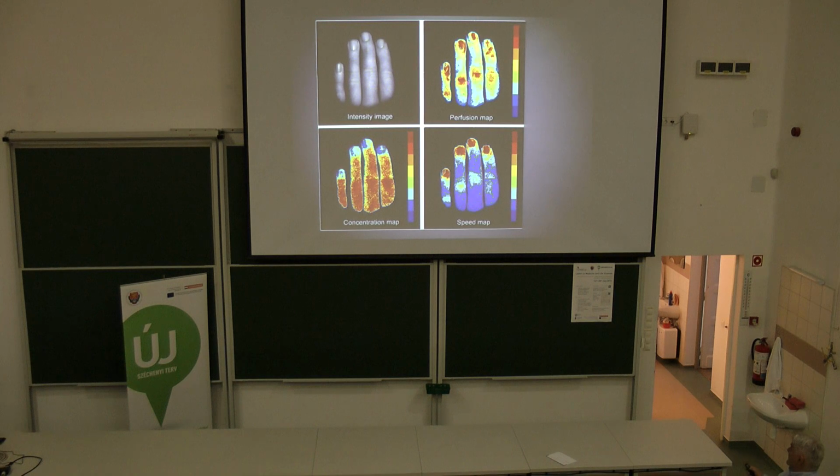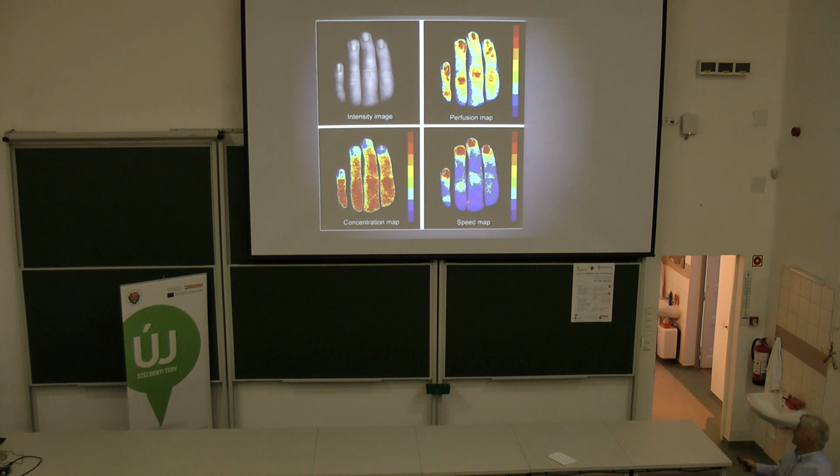We can make a perfusion map. You see the red is the well perfused area. We can make a concentration map where the red blood cell concentration is indicated; in perfused capillaries where the flow is slow, there is a high concentration of red blood cells.